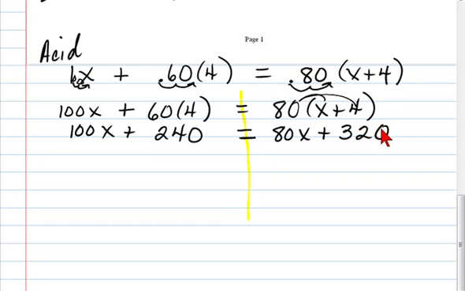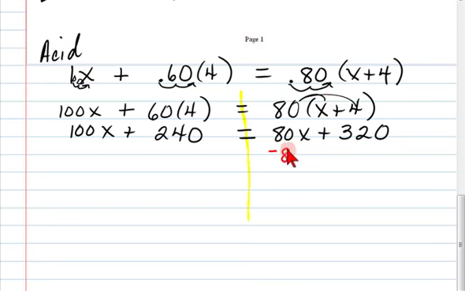All right, my next step is, do I have variables on both sides of the equal sign? Yes. So I'm going to eliminate one of them. Question? Okay, distributed here. That's 80 times x. Got it? Okay. So now I've decided to get rid of the 80x that's on the right.